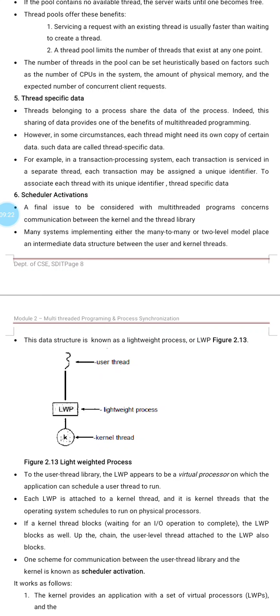Say you're withdrawing an amount from the ATM at 9 a.m.; that is one transaction. Again at 9:30, if you withdraw, that is another transaction. Each transaction is given a unique identifier, and that is the thread specific data, used to associate each thread with its unique identifier.